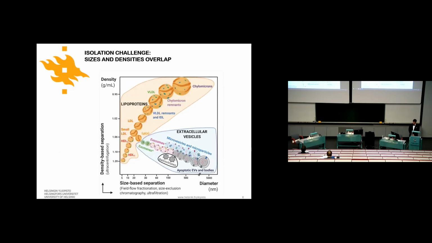Another challenge is that in the human body, there are also many different other biomacromolecules and nanoparticles of similar size as extracellular vesicles or lipoproteins, and they also overlap in density, making density-based separation difficult, making size-based separation difficult.